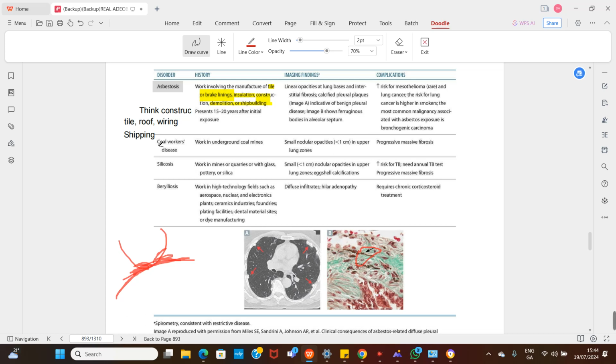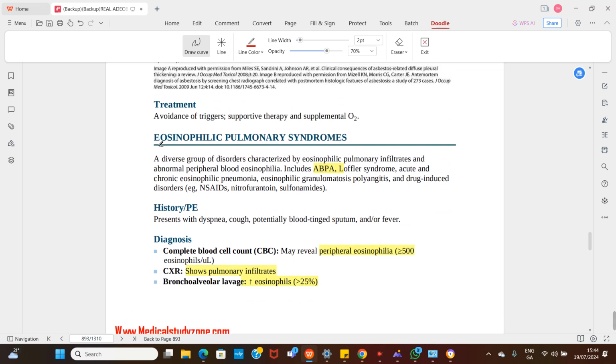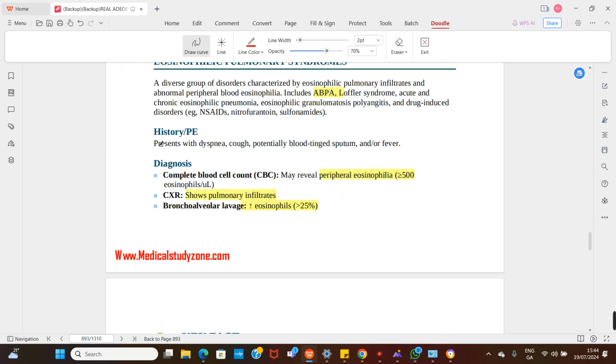This is stated in both Step 1 and Step 2 First Aid. It is high yield. You have to know it. So berylliosis is kind of the better one out of all these. You see granulomas, and you can see hilar lymphadenopathy or diffuse infiltrate. How do you treat? Avoid the triggers, supportive therapy, oxygen therapy.